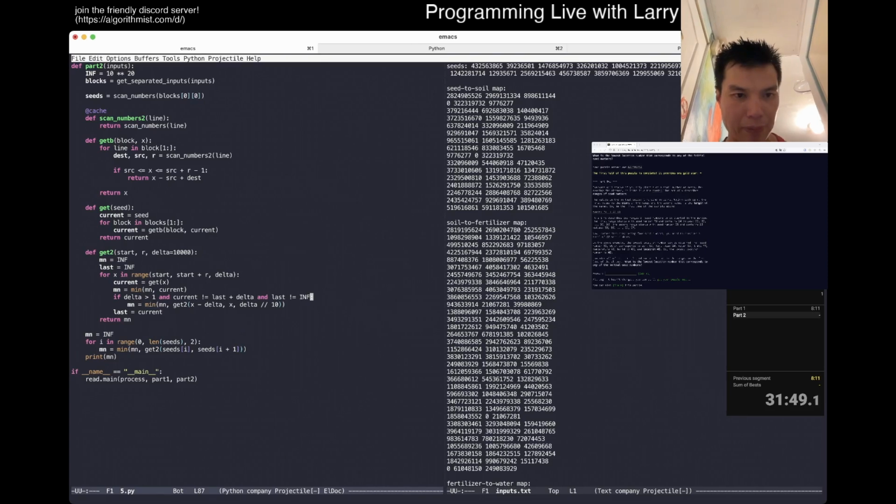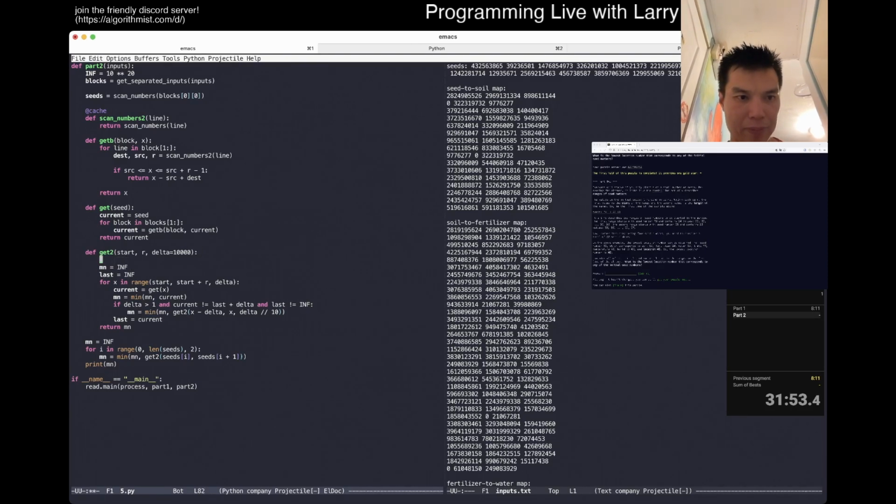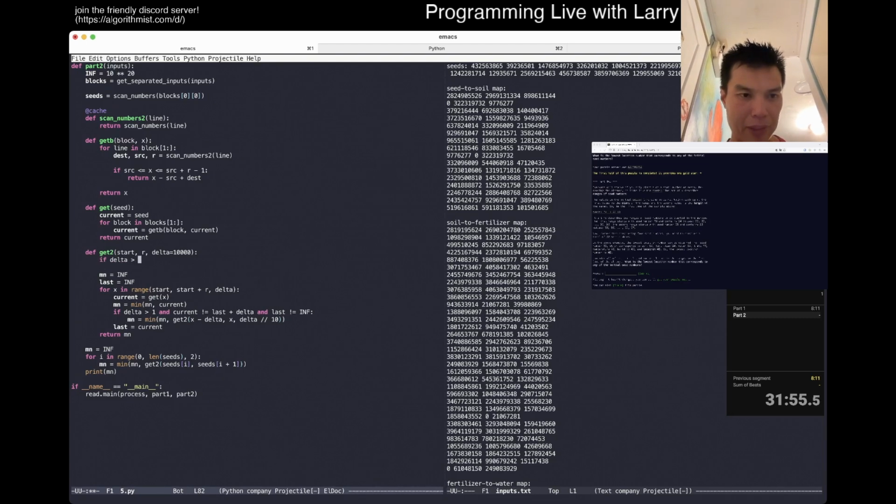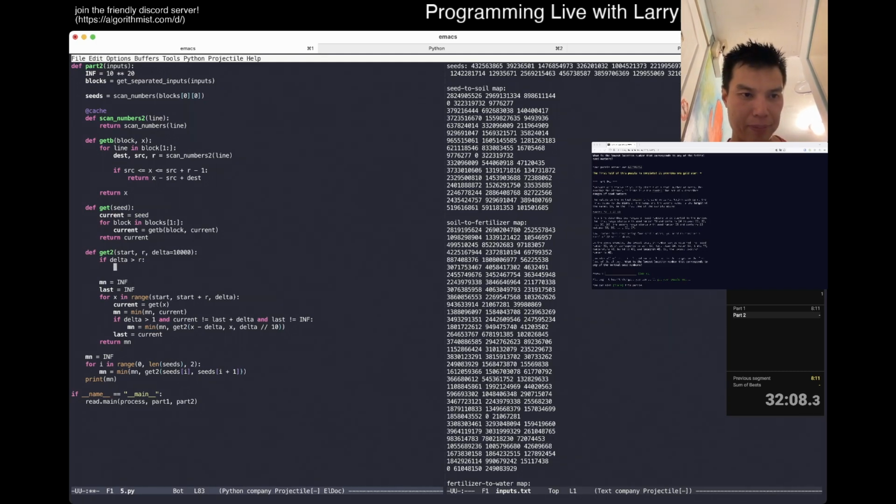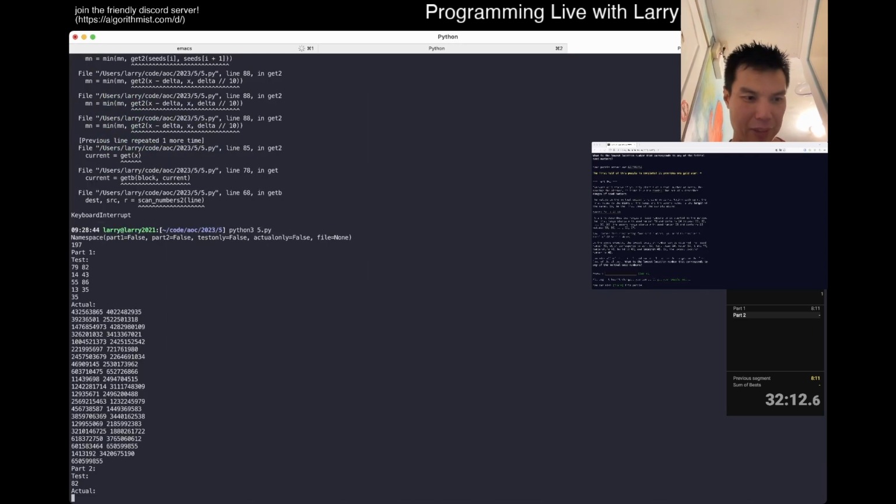But if delta is bigger than start, it's all... delta is equal to 1. Maybe that'll fix it. Okay, at least it fixed the input.